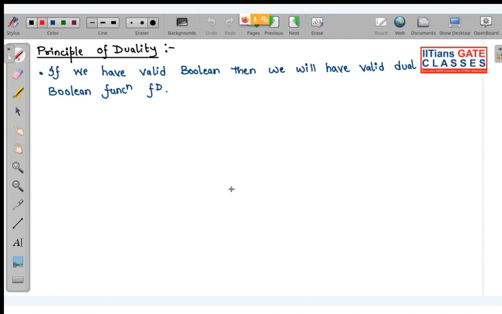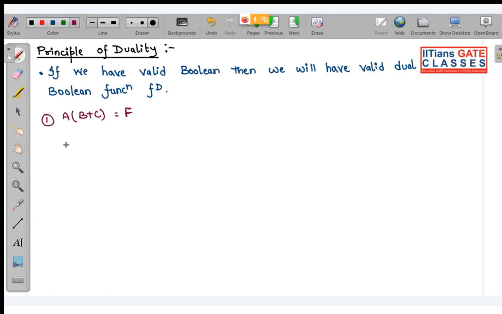Now, the principle of duality. What we mean by the principle of duality is that if we have a valid Boolean function, then the dual that we get will also be valid. For example, a few minutes ago we read the absorption law. Let me write it as capital F. This is my function.